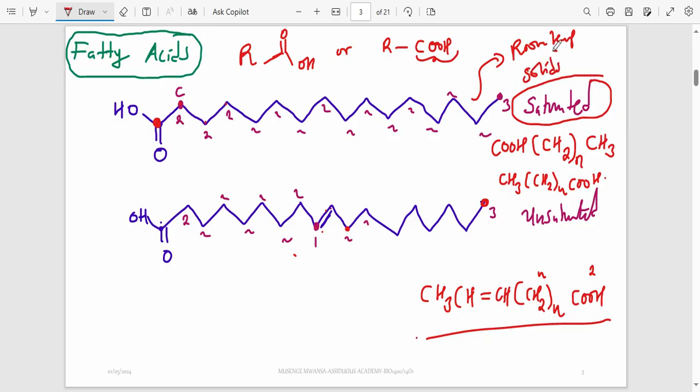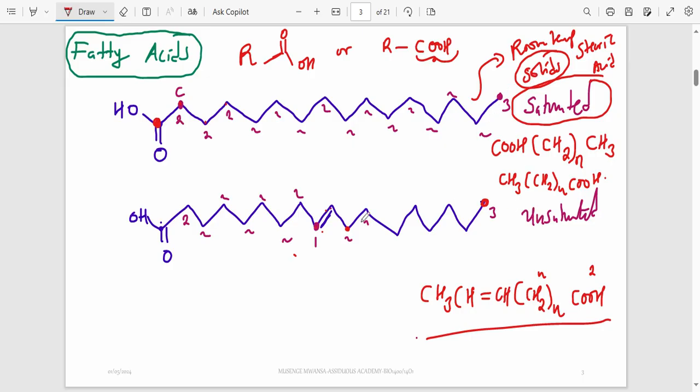Okay? They are going to be found as solids. And the most common example you find in exam is known as stearic acid. So what is stearic acid? Stearic acid is a saturated fatty acid that is having 18 carbons. At room temperature, you are going to see it as a solid.